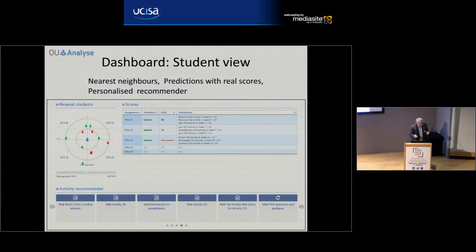At the moment, we are developing a technique which is based on analysis of text. We read the text of study material and try to read what is required for TMA and try to do some reasoning. So the activity recommender is personalized for every student, but it's still work in significant progress.